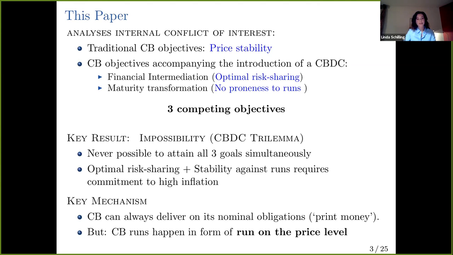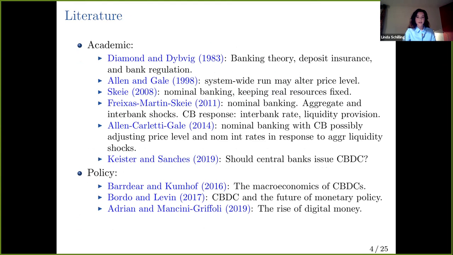And the result today states that a central bank can truly accomplish optimal risk sharing while also deterring runs, but again, only when sacrificing price stability. Okay, so let me skip the literature for the sake of brevity, but the papers that are most related are Diamond and Dybvig, Skeie 2008, and Allen and Gale, in the chat.